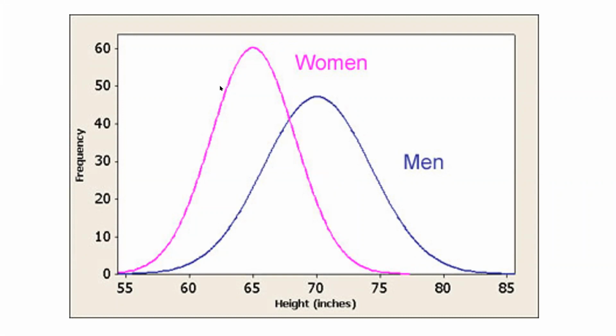If I look at these two distributions, which height has more variation in it, male or female height? So which of these is flatter, right? That's the male distribution, right? It's shorter, it's flattened.